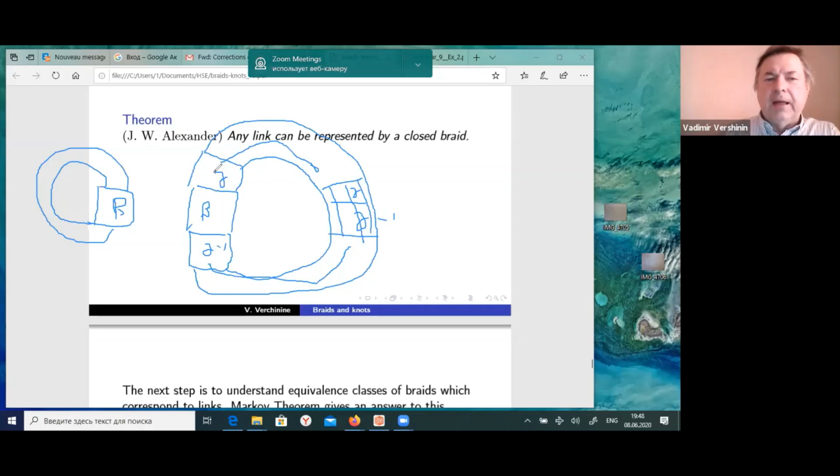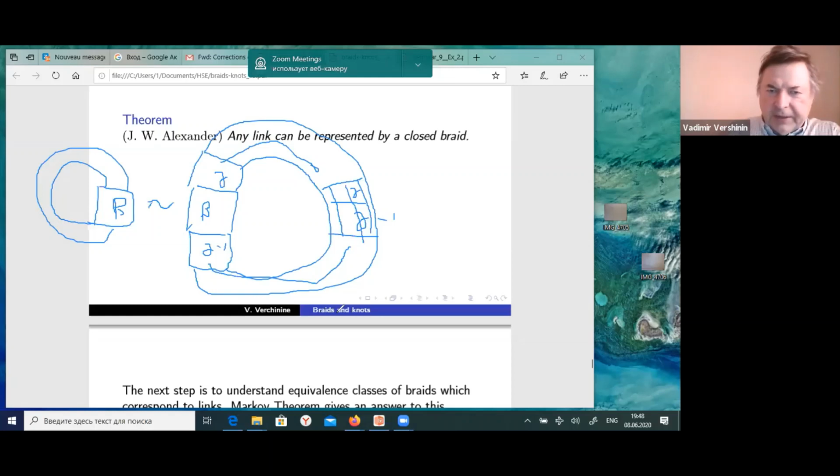So gamma and gamma minus 1 cancel. You see that you have the same link. You started with beta, or you start with gamma, beta, gamma minus 1. You have the same for any gamma.